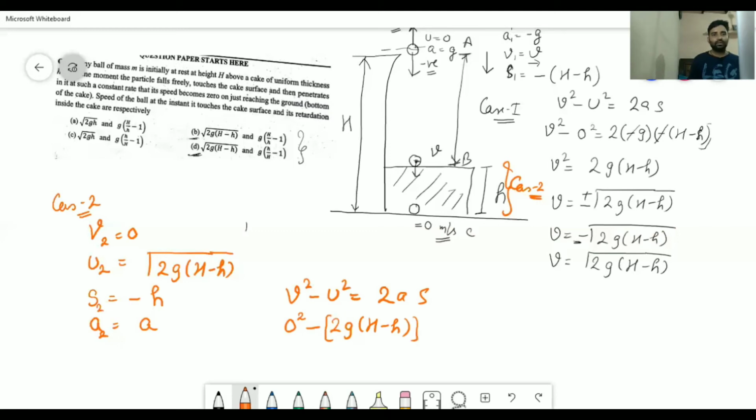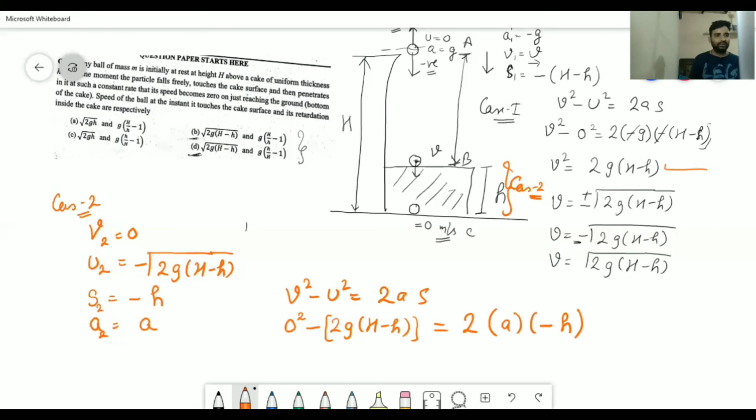As the ball is going downwards, this is negative, but when we square it, it comes out positive again, as in this equation, right? After that, it is equal to acceleration a into displacement minus h, right?